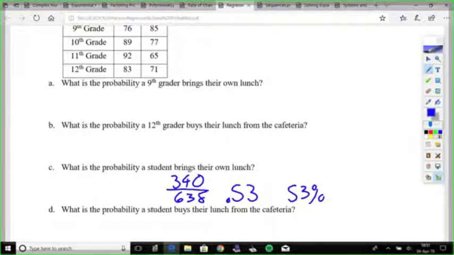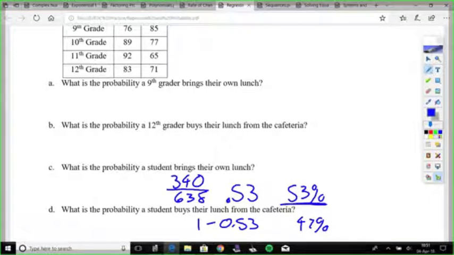Okay? Brings their own. And by the way, for part D, if you look at my answer key, I wrote 1 minus 0.53. And that's because if 53% of people bring their own lunch, that means 47% of people bought it from the cafeteria, because obviously it's one or the other. So if that makes sense at all.